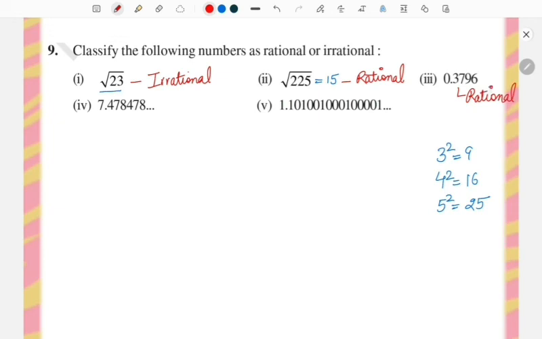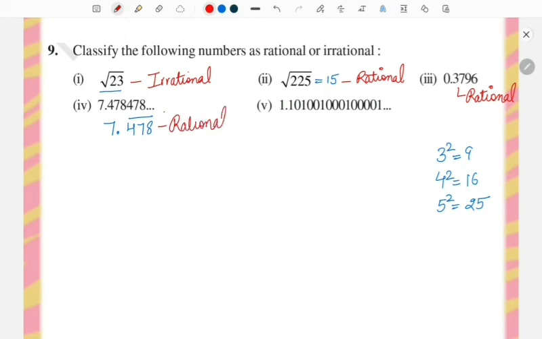Next we have 7.478478 with dots. So this can be written as 0.478 with a bar. What kind of a decimal expansion is this? Because there are dots, that means it is non-terminating, and 478 is repeating itself, so it is non-terminating and recurring. Non-terminating and recurring are a decimal expansion of a rational number.